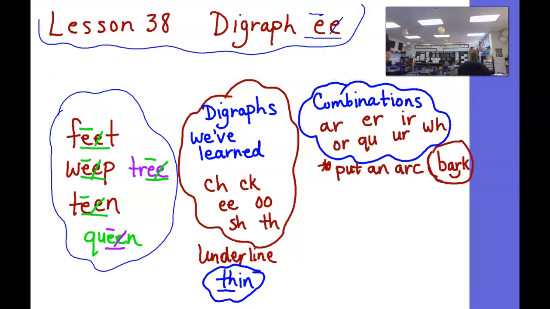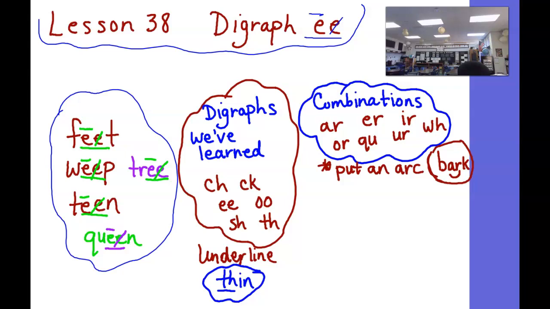Like stir. And then we have this like fur on an animal. And the last one, like whale. And I gave you an example of bark. And we're going to put an arc under the combination AR.